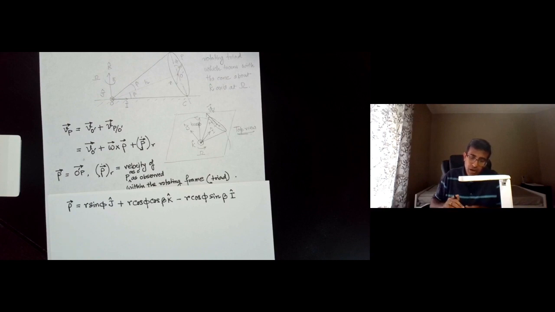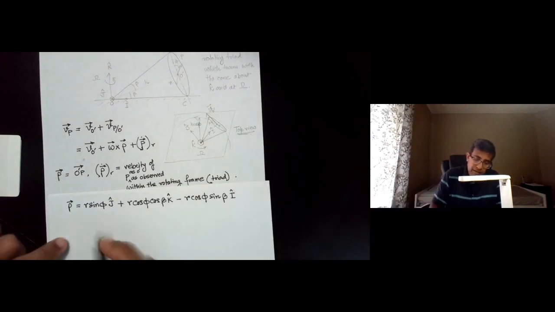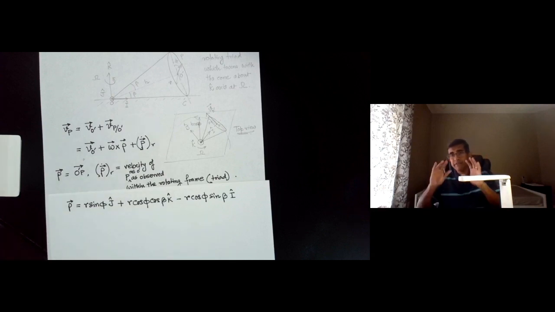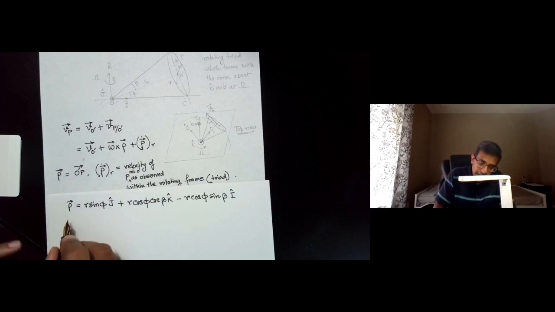Okay, so now when we find the velocity within the rotating frame, what we are essentially saying is, if you are moving with the rotating frame, what is the velocity of p that you would perceive? That can be found by taking the derivative.